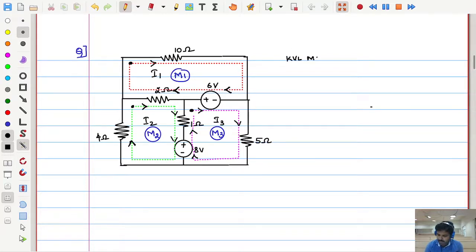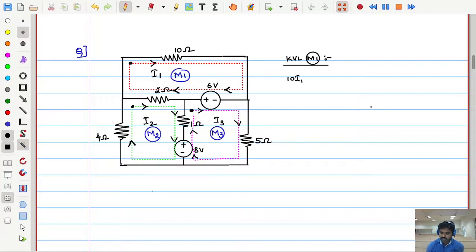KVL for mesh 1. Mesh 1 is my area, so I'll write my equation; later I will ask you. For mesh 1, the moment I started the journey, the element I come across is 10 ohms. From Ohm's law, if the current flowing through the 10 ohms resistance is I1, then I can write the voltage as 10 I1.